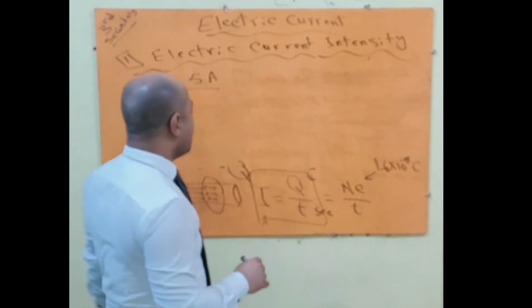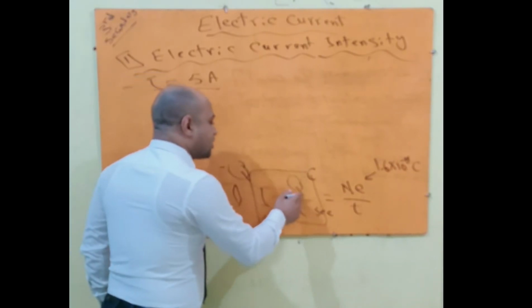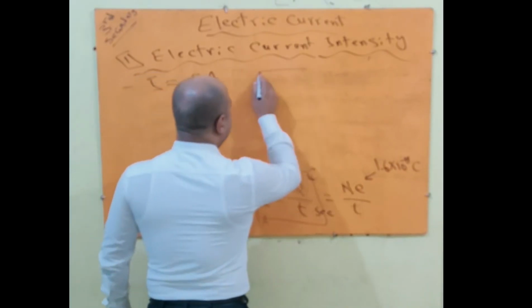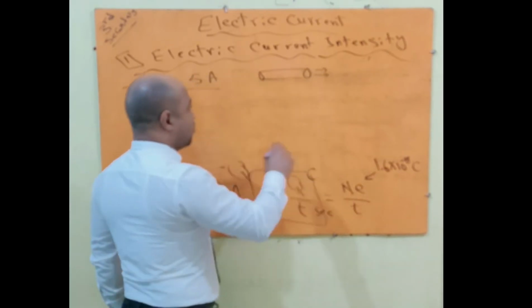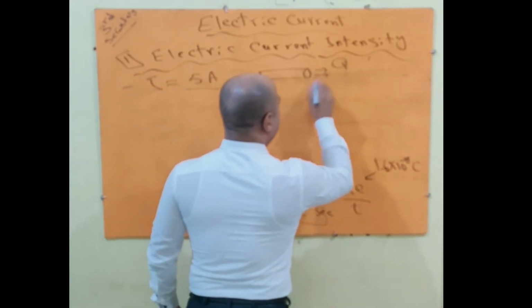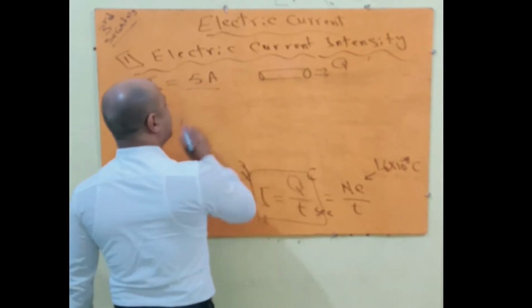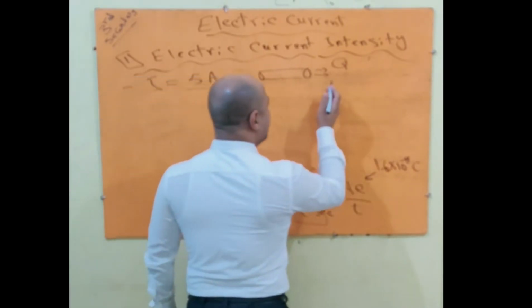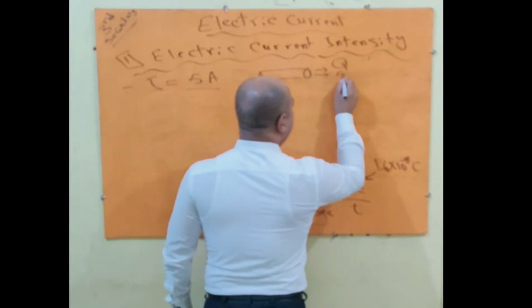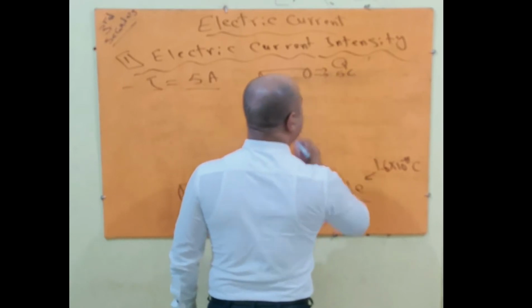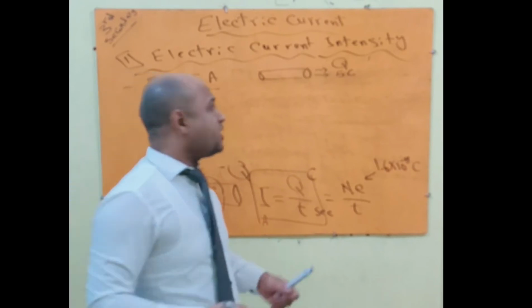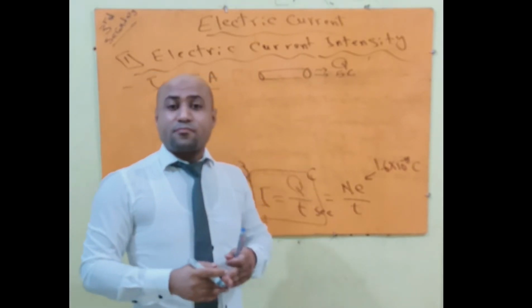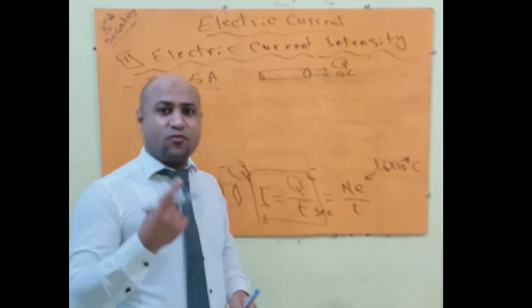So this means that the quantity of charges that flow through the cross-section area of this conductor in 1 second equals 5 coulomb. This means that every 1 second there are 5 coulomb passing through this cross-section area of the conductor, or in another way, there are 5 coulombs that reach the electric device in 1 second.